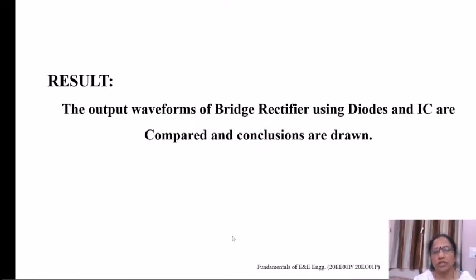Students, the result of this experiment: the output waveforms of the bridge rectifier using diodes are measured across the output load resistor, and further the output waveforms of the bridge rectifier using rectifier IC are measured across the output load resistor, and we conclude that the waveforms obtained by using diodes as well as by using the rectifier IC are both the same.